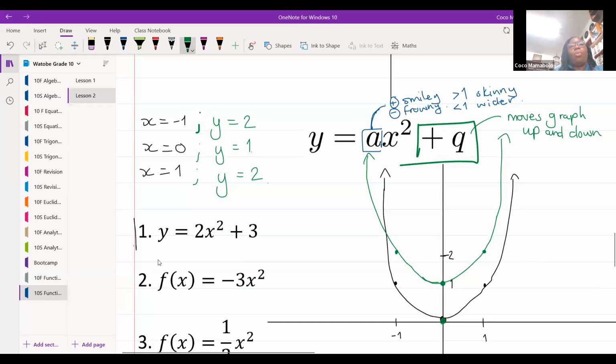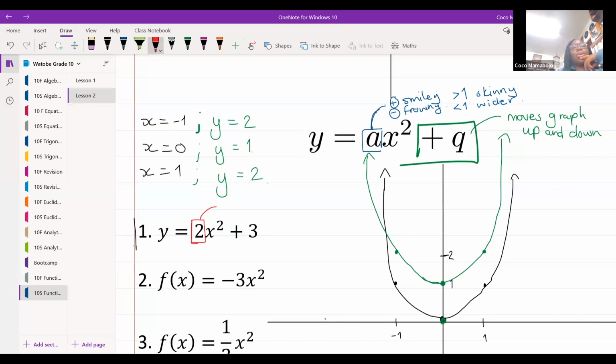Okay, let's explain what's happened in this question number 1. What has happened? What did this 2 do to my graph? You can either put your hand up or you can write it in the chat. What has 2 done to my original graph? Who remembers?